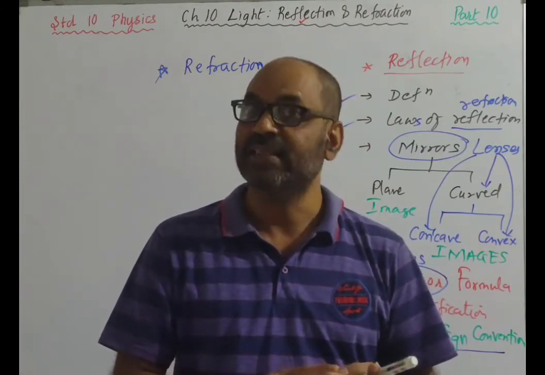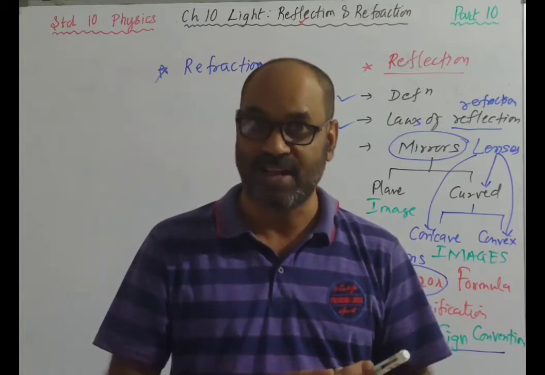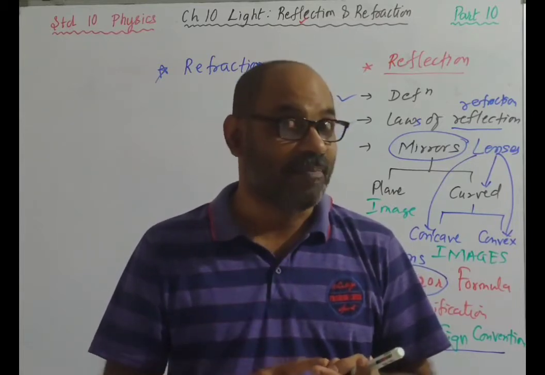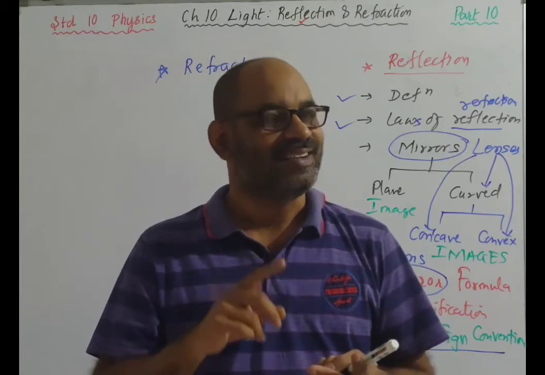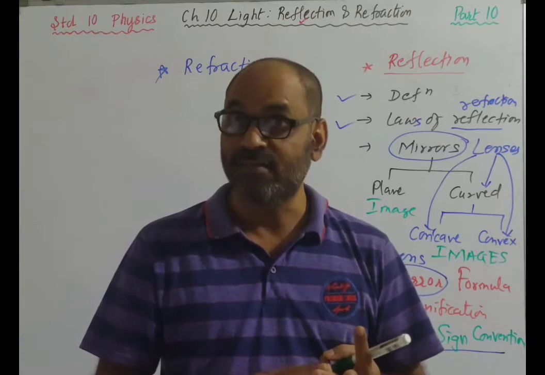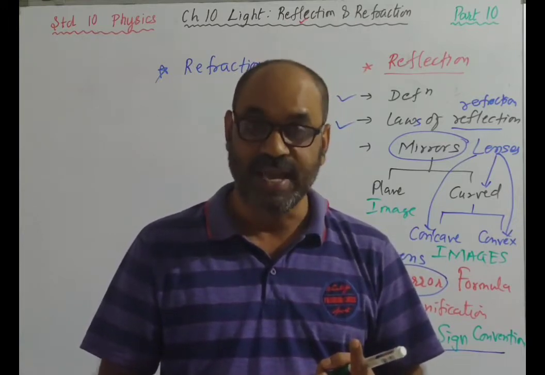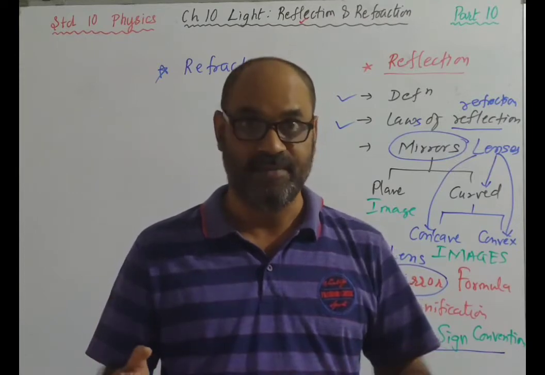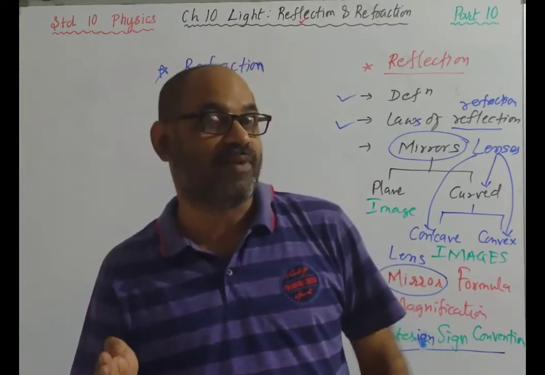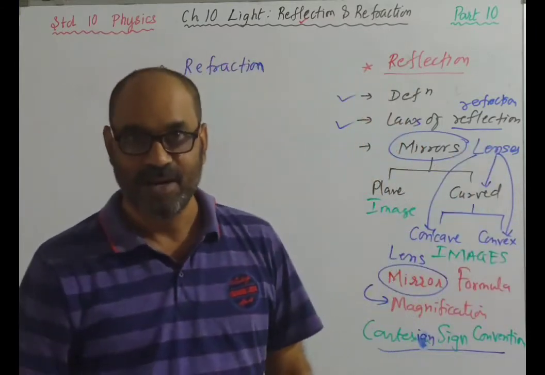Glass, yes, if it is transparent glass, because colored glasses may be translucent. I am talking about only the transparent glass, no colored glass. Then water, clean, clear water, that is also transparent. So these are transparent media, and light can travel from one transparent medium to another transparent medium.